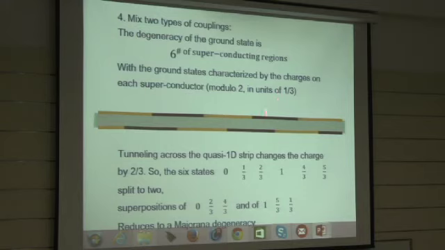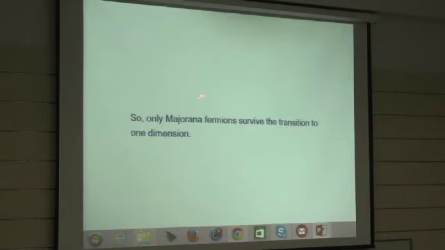This Josephson tunneling destroys the fractional Majorana fermions and leaves us with only Majorana fermions. So in 1 dimension, indeed, it's only Majorana fermions whose ground state degeneracy is protected.